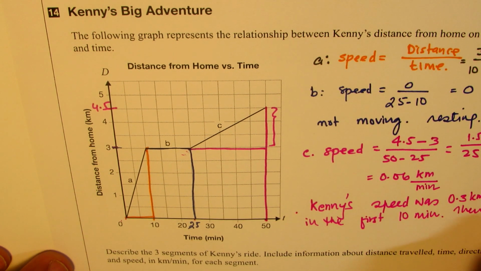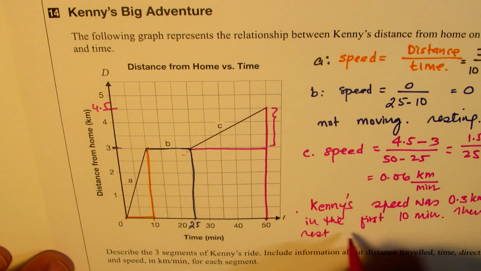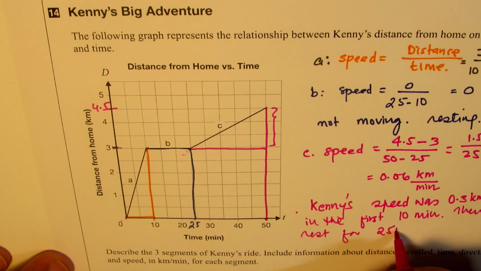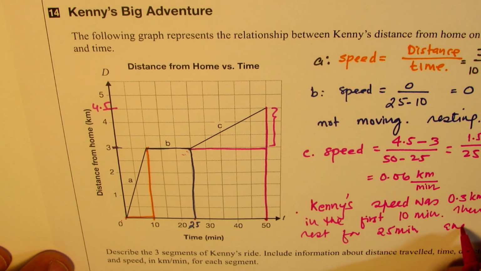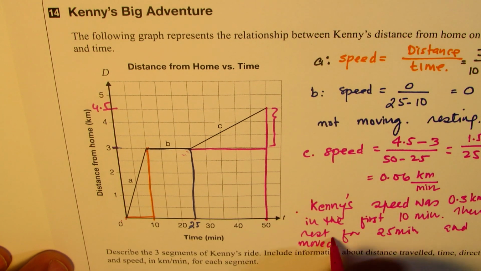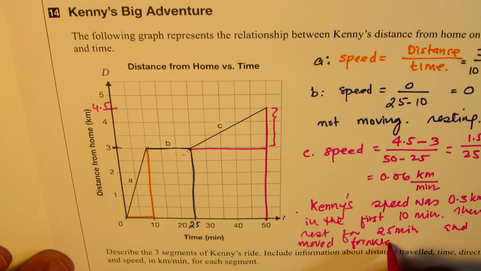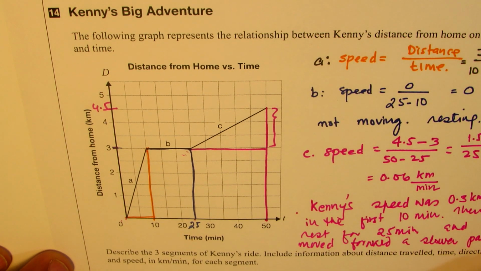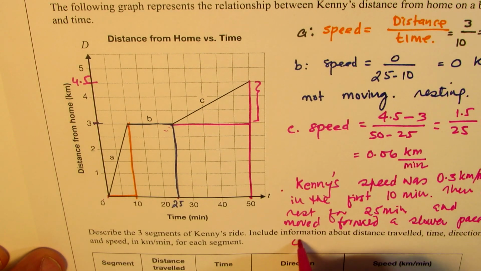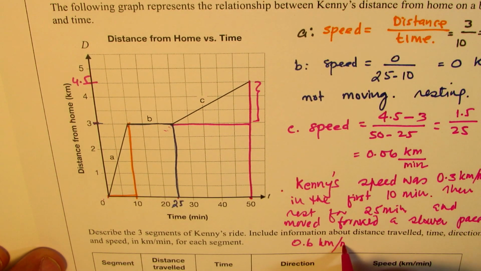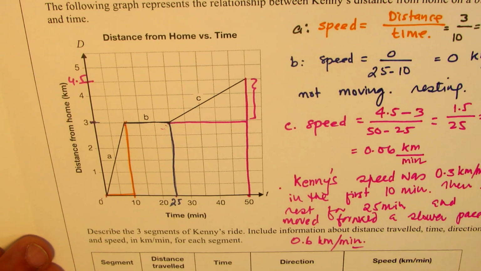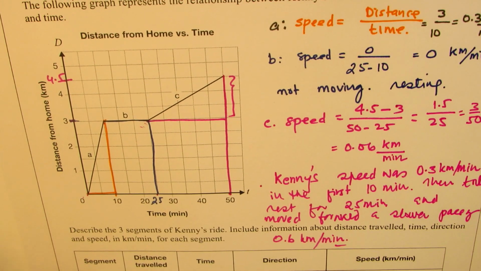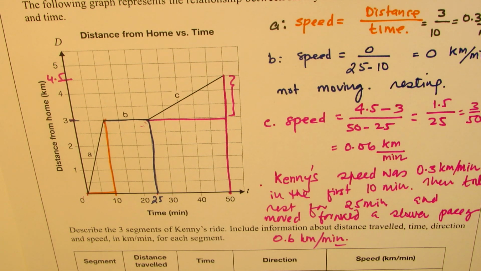Then he took a rest for 25 minutes and moved forward at a slower pace of 0.6 kilometers per minute. So that is how you could actually describe the given situation, right? I hope that helps. Let's move on and take question number 15 now.